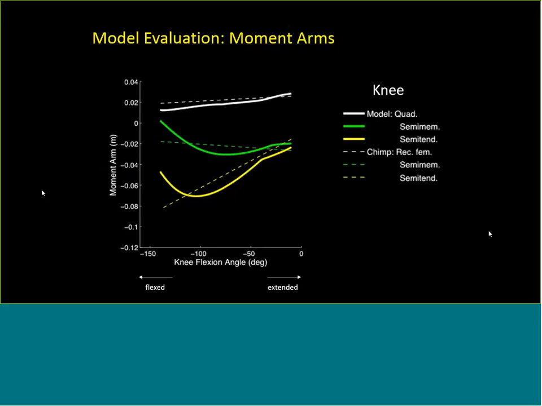But this is across the knee flexion range of motion. This is the moment arm of the quadriceps and two of the hamstrings muscles. And the solid line is the model prediction, and the dashed line in each case is the measured, experimental value.